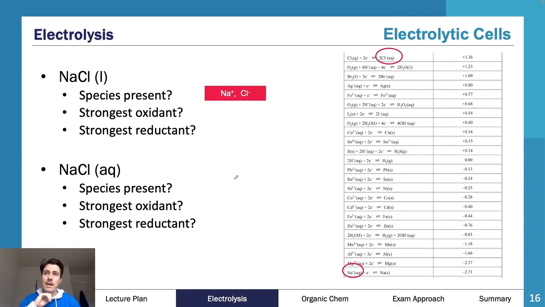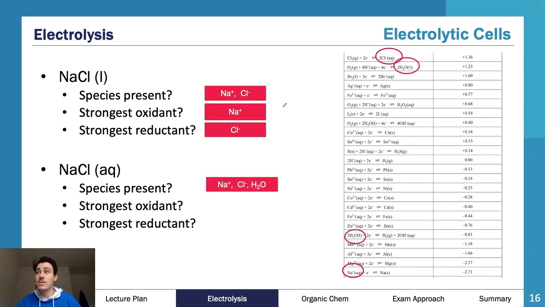If I talk about NaCl where I've heated it up and I've made it molten, it's now a liquid and it's super strong. When I talk about this, it's really important to understand that I no longer have water involved. I've removed water from my scenario. So my strongest oxidant has to be Na+, my strongest reductant has to be Cl-. But if I have aqueous and I have water involved, I now have these two features.